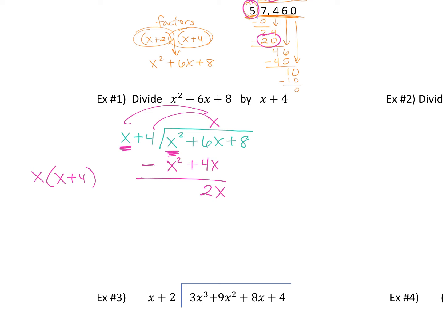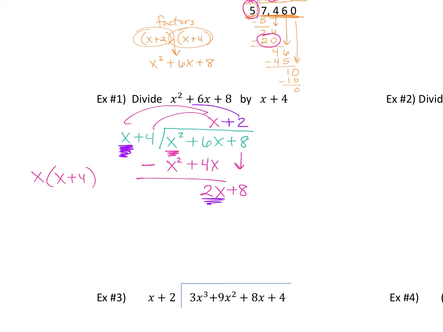What's your next step if we're doing long division? Drop down the 8, and this is a plus 8, okay? And now you do the exact same process again. You're asking yourself the question, what can I multiply this x by to get 2x? 2, right? So I'm going to put a plus 2 up here because it's a positive 2.